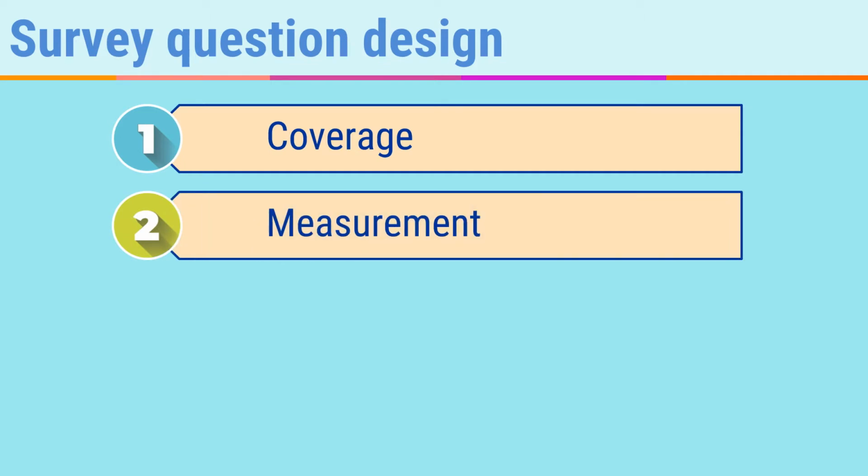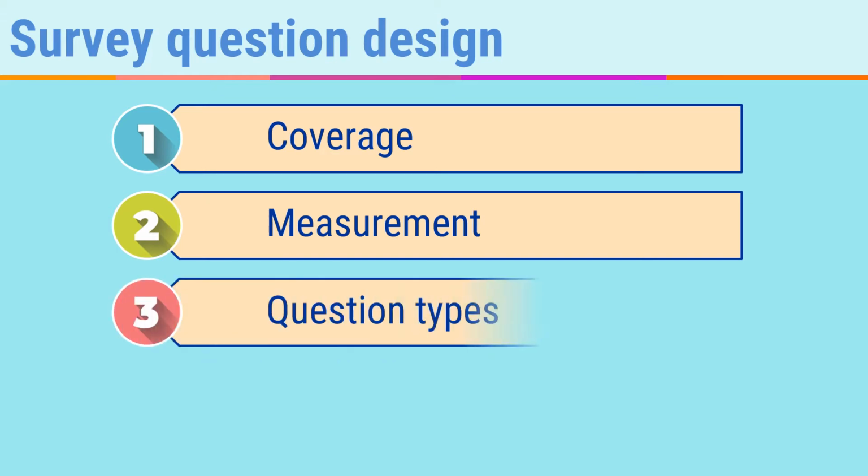We need to make sure that we can use appropriate scales of measurement for the items. We also need to consider the suitability of the question types used in the questionnaire, whether they are dichotomous, multiple choice, rating scales, ranking scales, open number, non-numerical answers.